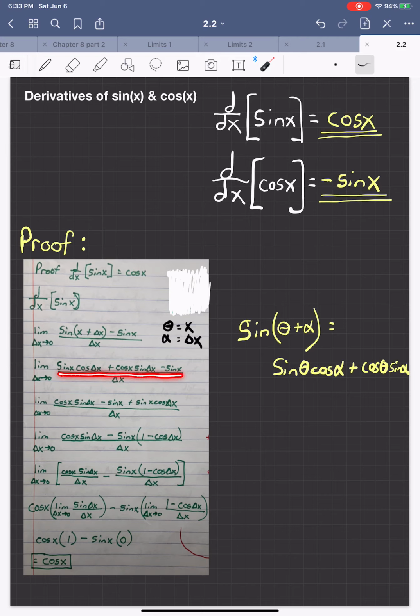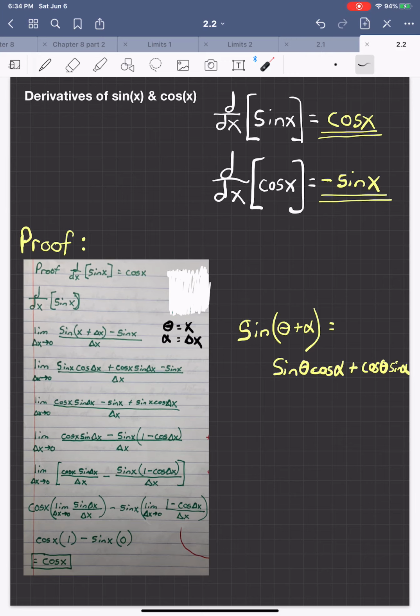What I'm going to do is rewrite the terms, moving some stuff around. Notice that I'm bringing my cosine of x times sine of delta x here, bringing my negative sine of x in the middle, and then my sine of x cosine of delta x is off to the right.